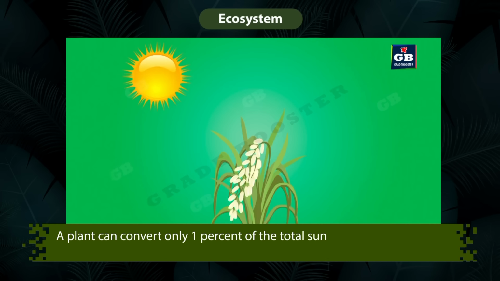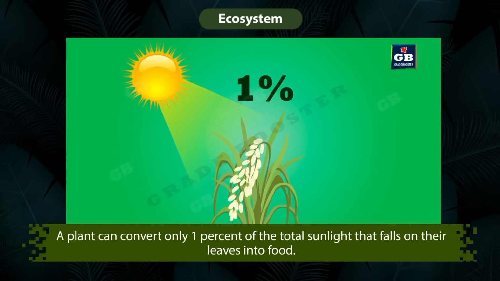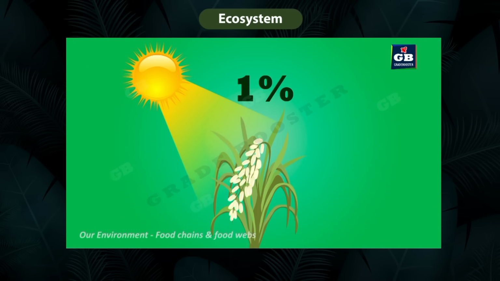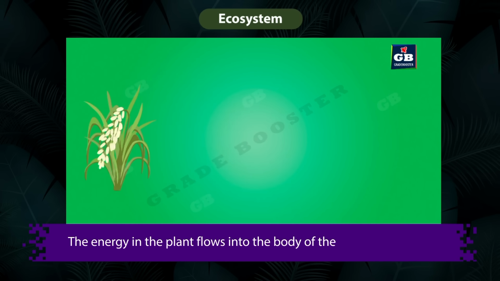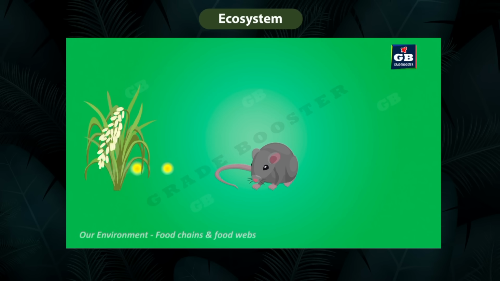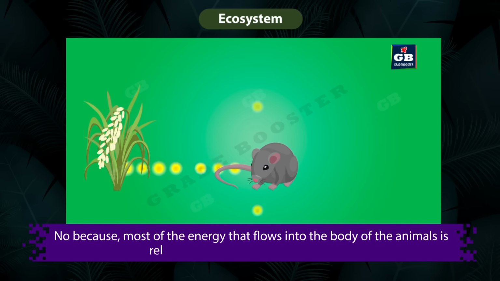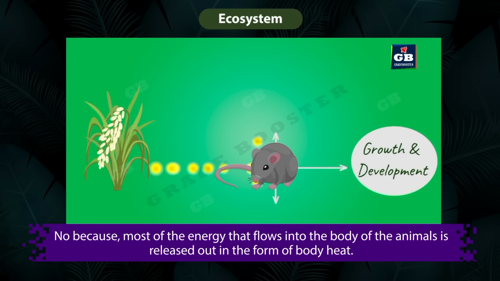A plant can convert only 1% of the total sunlight that falls on its leaves into food. The energy in the plant flows into the body of the animal that eats it. Can the animals use the whole energy that is obtained from the plants to build their bodies? No, because most of the energy that flows into the body of the animals is released out in the form of body heat.